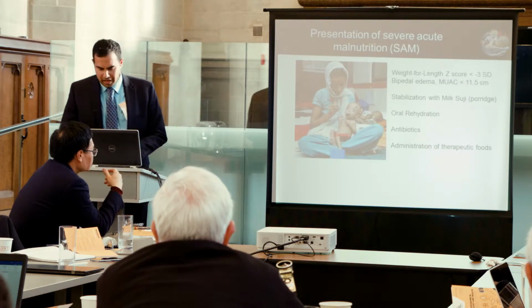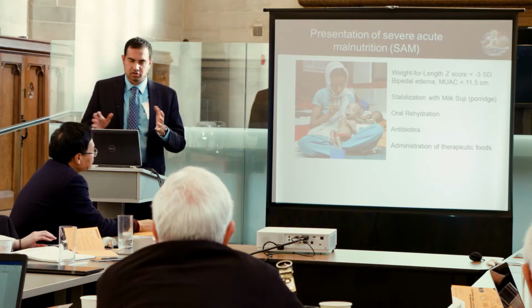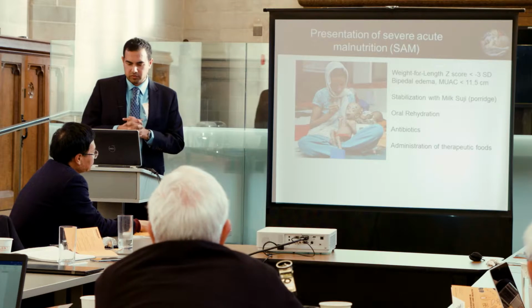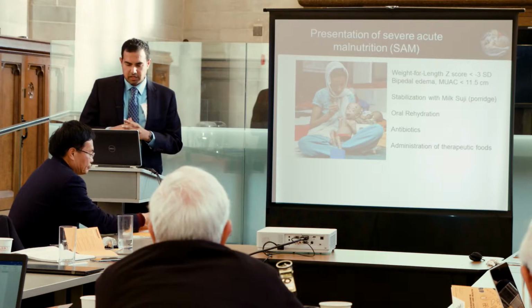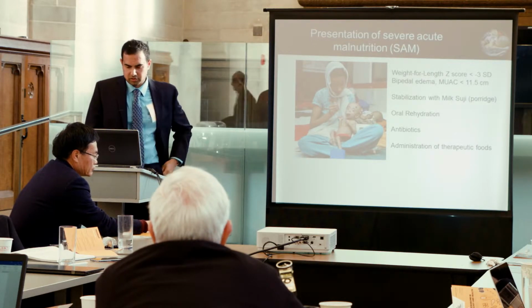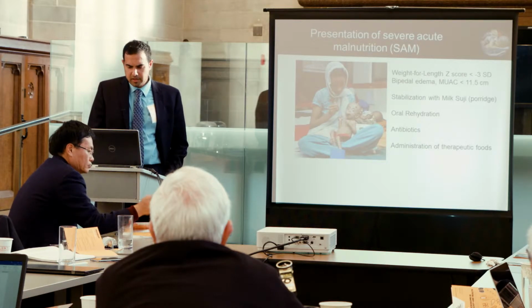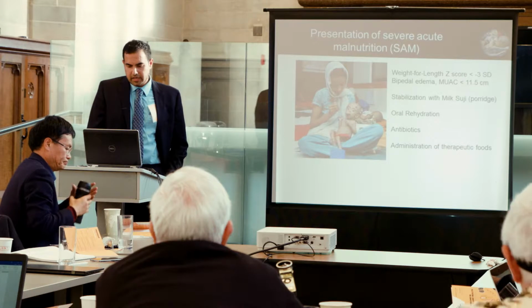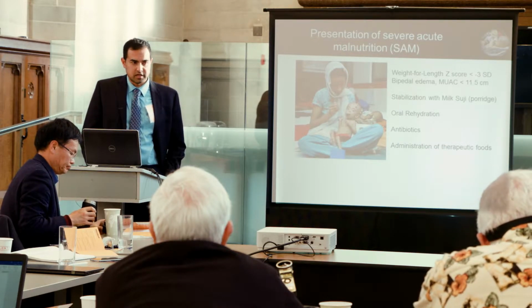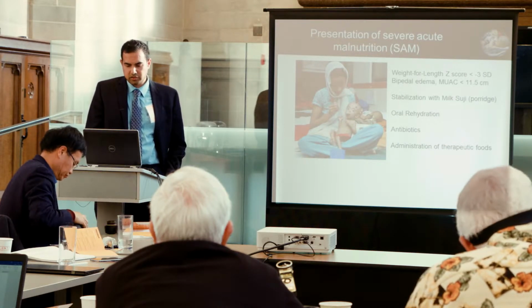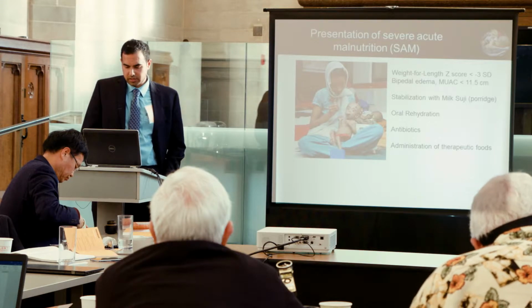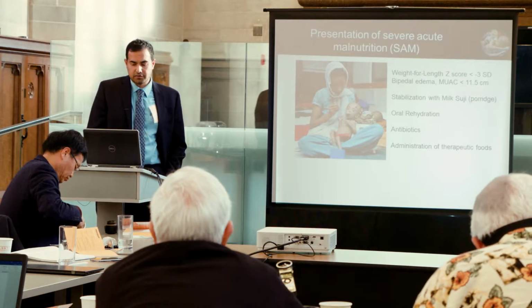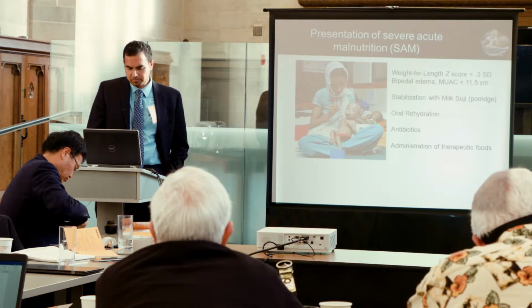So, having studied that structure in a relatively healthy population of twins and triplets, we wanted to study children with severe acute malnutrition. I already defined this for you, but when these children are treated, they show up to the hospital and they're stabilized with the milk-based diet, oral rehydration, parenteral antibiotics, and administration of the therapeutic foods I also mentioned to you.